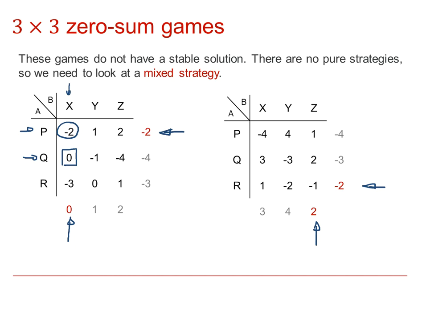On the other hand, B is thinking, well, A may change, so what if I was to change then to Z, and B would end up with 4 units rather than the 2 that they had. So there's advantage in making changes, where in the previous example there was no advantage, so they would always play their play safe strategy. So now we have this idea of trying to find a mixed strategy.